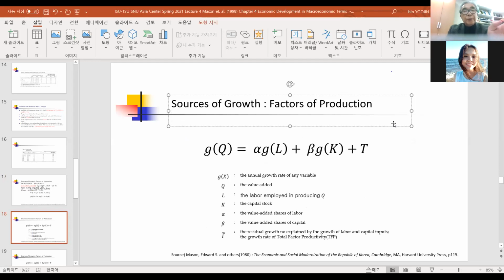Suppose last year the Soviet economy has grown very rapidly. Let's say 5%. 5%, this GQ was 5%. Now, alpha, to make it simple, in the Soviet economy, 0.5, let's say. Labor growth, these days the Soviet economy is also aging. Not many newborn babies in the Soviet economy, I'm guessing.